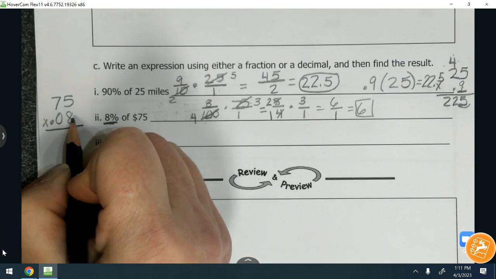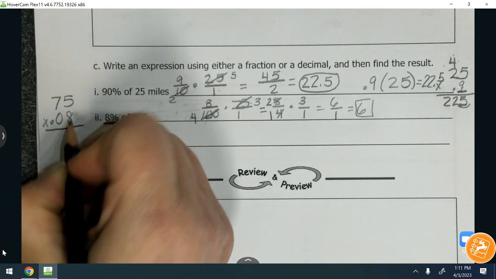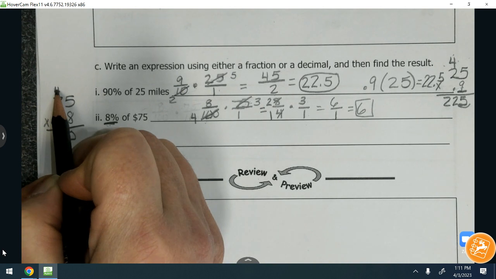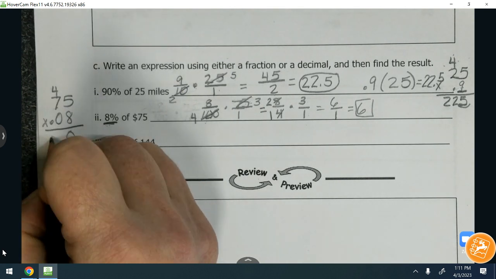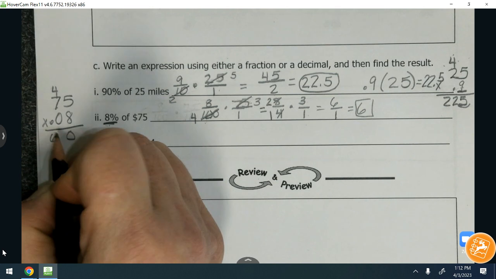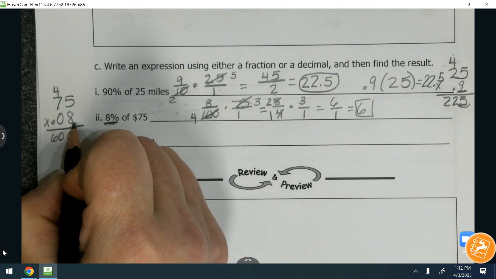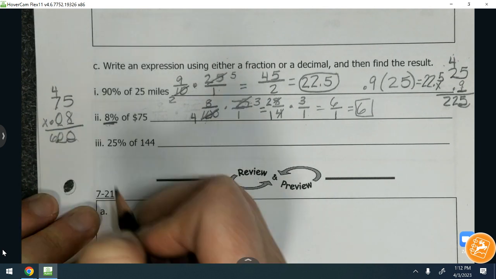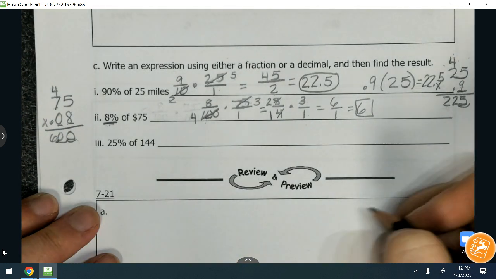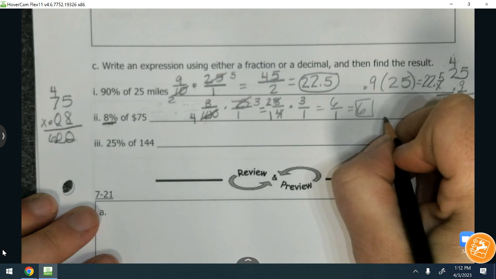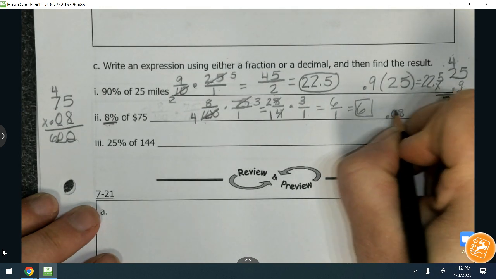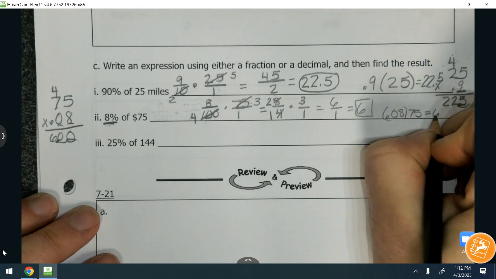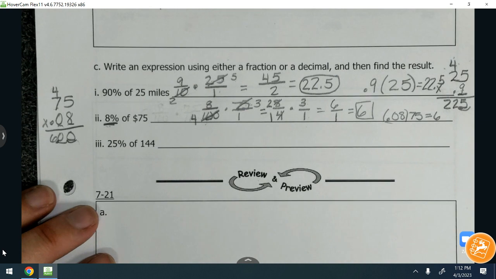So I have 8 times 5 is 40. 8 times 7 is 56, plus 4 more. Now I'm going to move my decimal 2 spots to the left. Oh look, I got 6 as well. Let's see where I can fit this in. There we go, I fit it in.